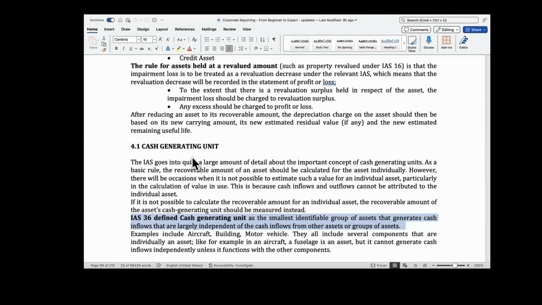Because when you want to share this impairment loss, since there is a group of assets here, you need to do some prioritization. We believe that since there are a group of assets, one or two assets will have actually caused that impairment. They cannot contribute to those impairments equally based on their values.